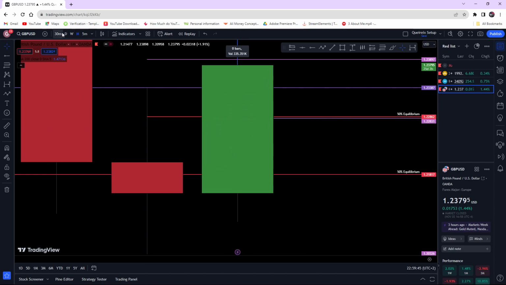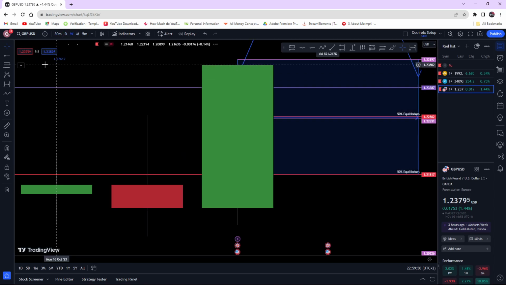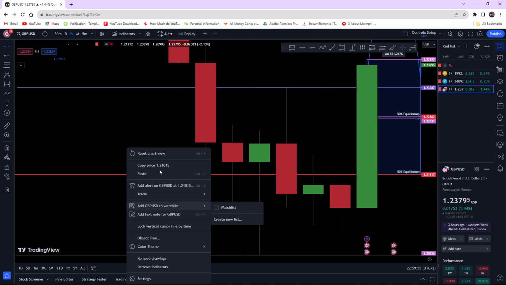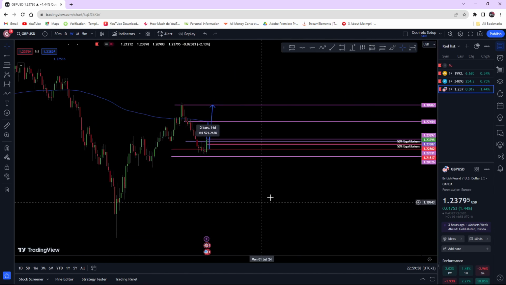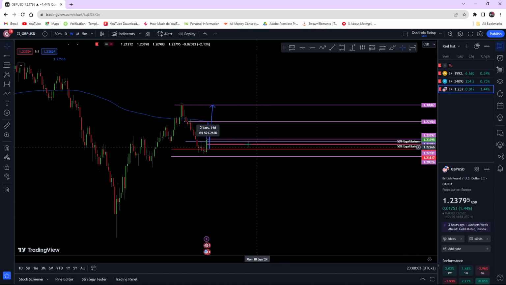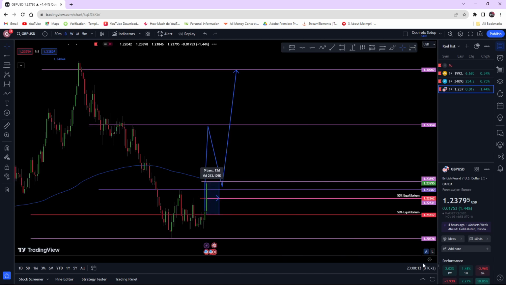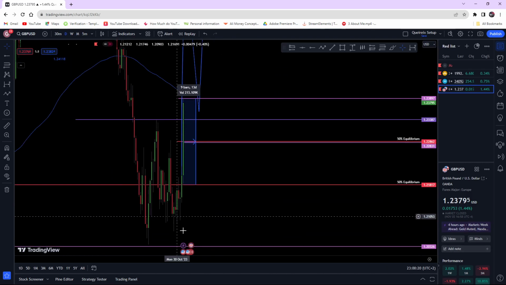Oh, this was, I think, the resistance that we drew somewhere. It doesn't make sense right now, so we're just going to remove it and carry on with our analysis on our daily.